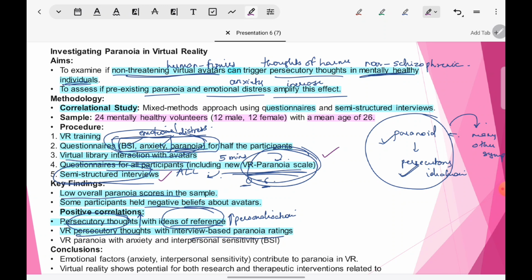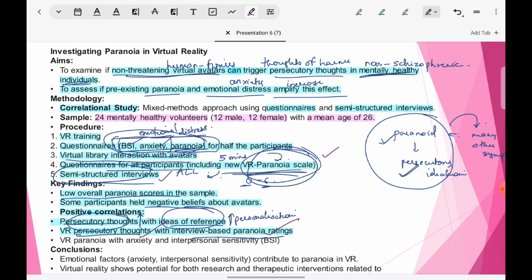So both went hand in hand. Those who scored high on the persecutory thought scale also got high ratings from the psychologist, meaning that the questionnaire was a good measure. Though it was a self-report questionnaire, it still accurately measured how much persecutory ideation a person has, because it is validated against a clinical psychologist's judgment.